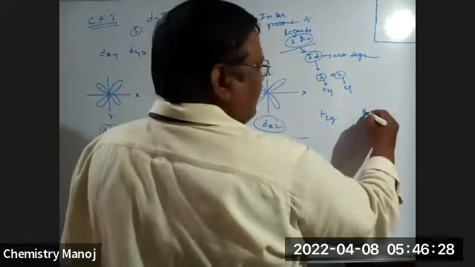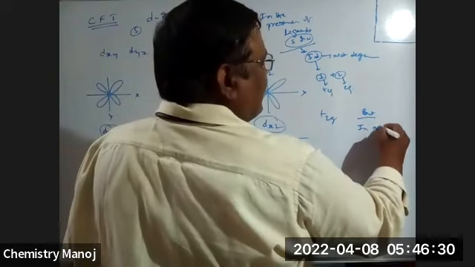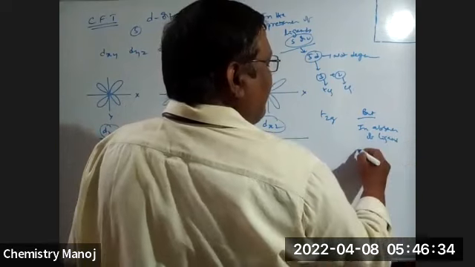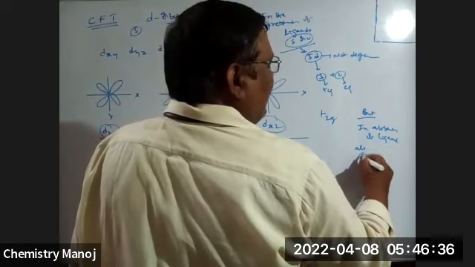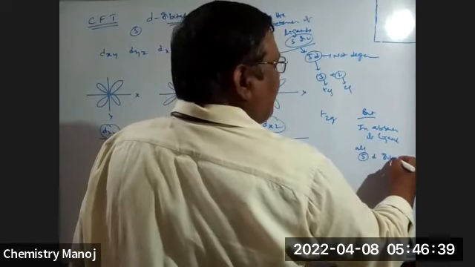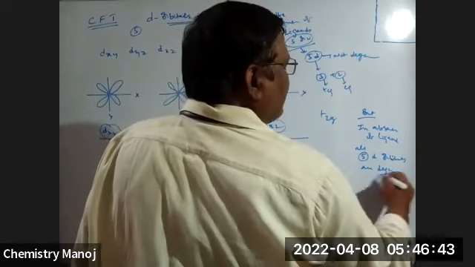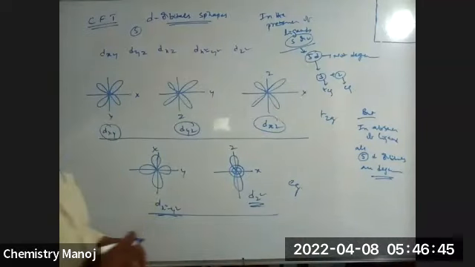But in the absence of ligands, tell me, all five d orbitals are degenerate. They don't split.